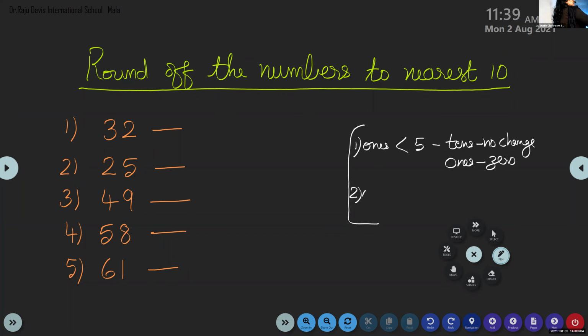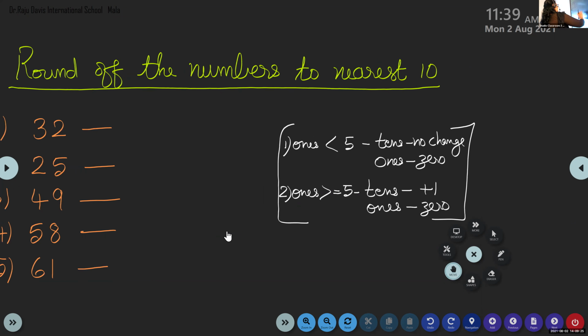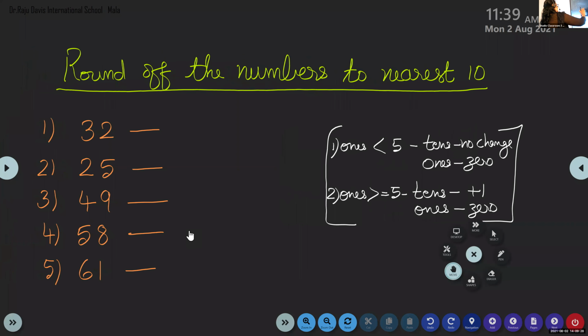Second rule, if ones is greater than or equal to 5, then tens place you have to do plus 1 and the ones will be 0. Now rules are written on the other side. Check under which rule it comes and do it properly.